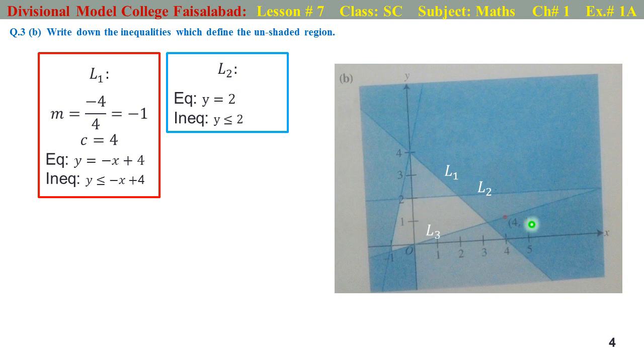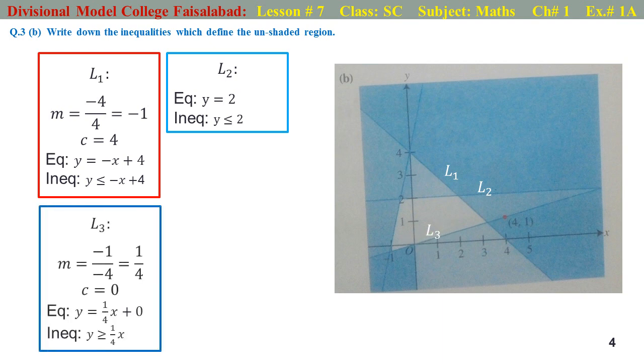And this is line L3, this one. This line is passing through this point and this point, which is origin. So it means this line is touching y-axis at 0, so its y-intercept is 0. And to find the gradient by using rise and run method, to move from this point to this point, we will have to rise 1 unit downward and then 4 units on the left hand side.